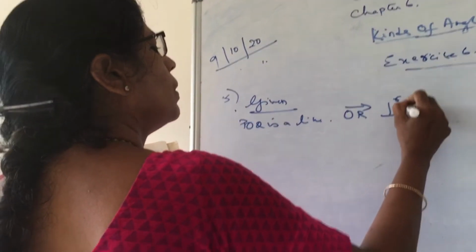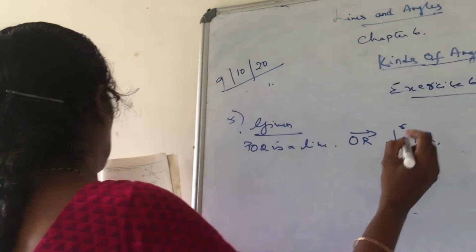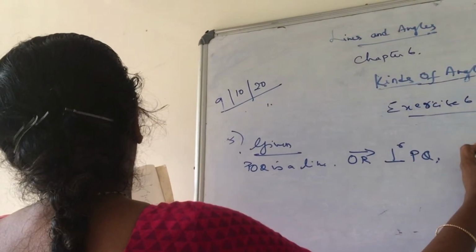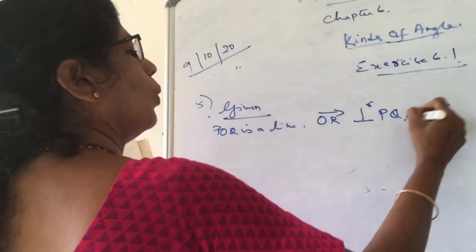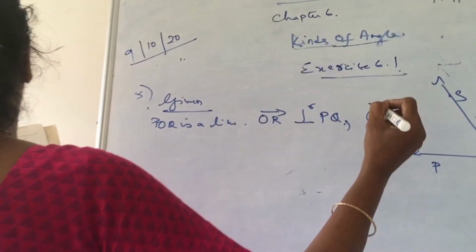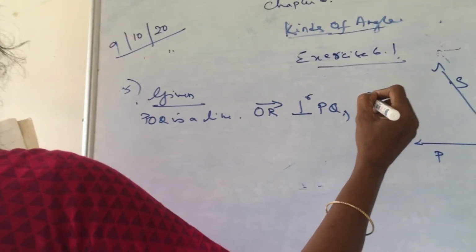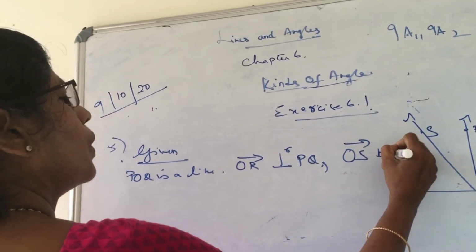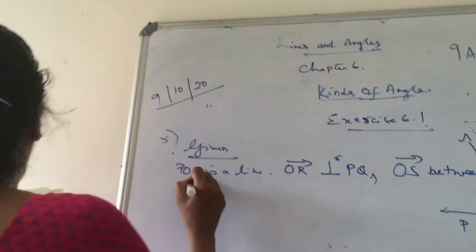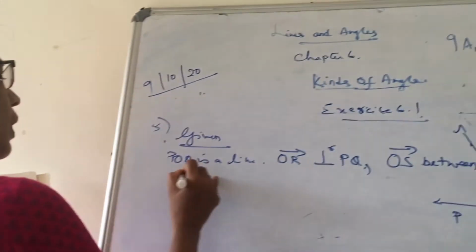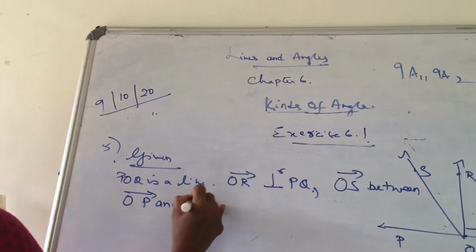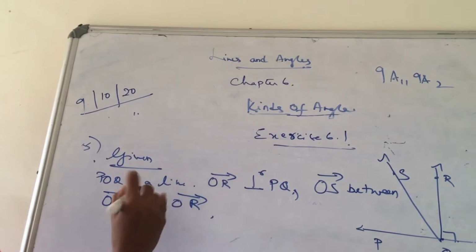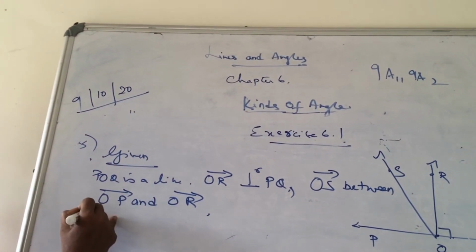You know the symbol, children? Yes. Ray OS is another ray between OP and OR. One arrowhead means ray.